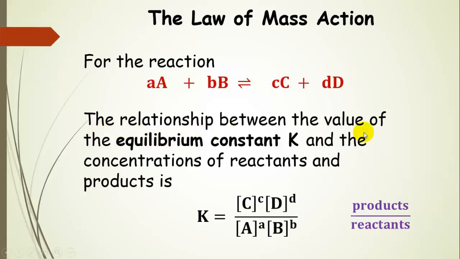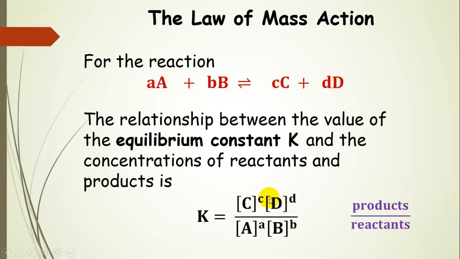So we can say the relationship between the value of the equilibrium constant K and the concentrations of reactants and products is this equation, which is the equilibrium constant expression. And what we have are products over reactants. So I've labeled that over here. So it's product C raised to the coefficient c power. So whatever that coefficient is, 1, 2, 3, you'd put that in as a power.